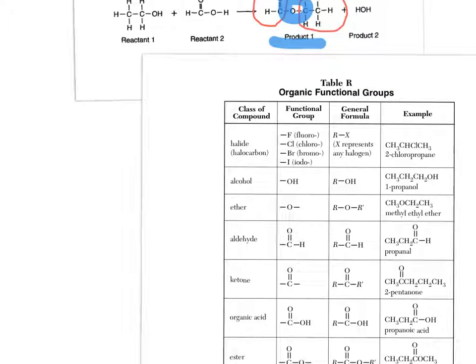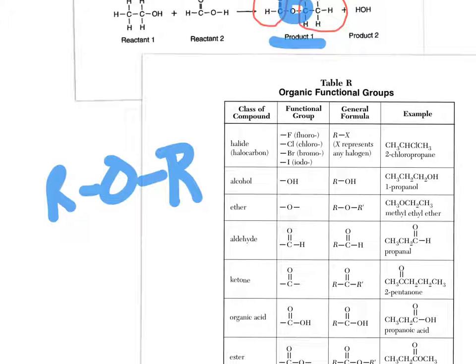So therefore it really is an R-O-R situation. Let's see if we can find it, and lo and behold, there it is. This is ether, where we have O in the middle and 2 different carbon groups on the side. So that is an ether.